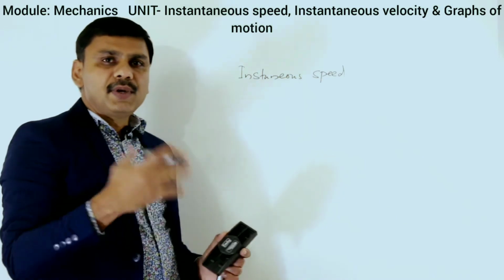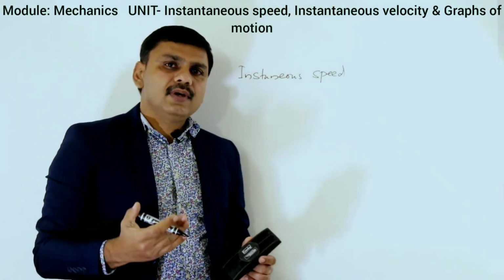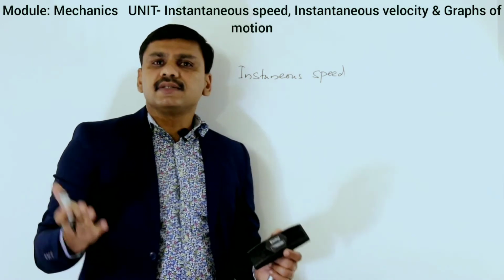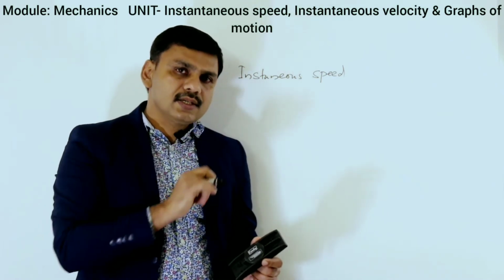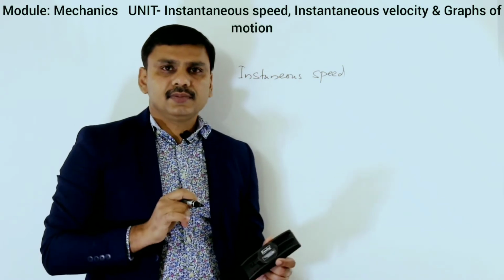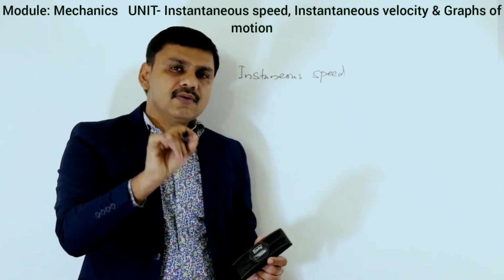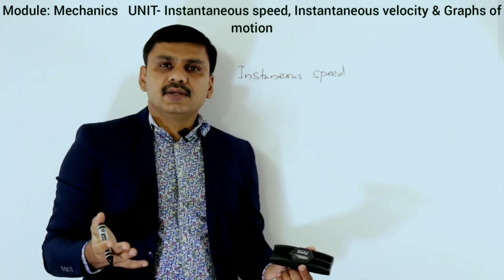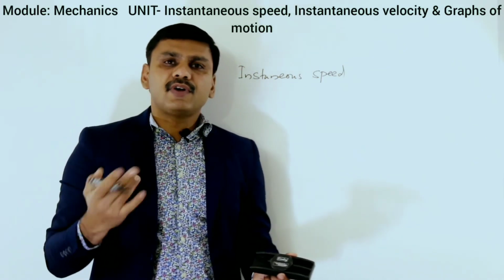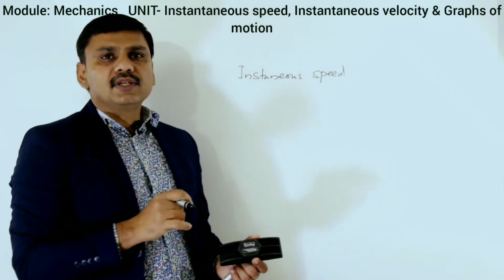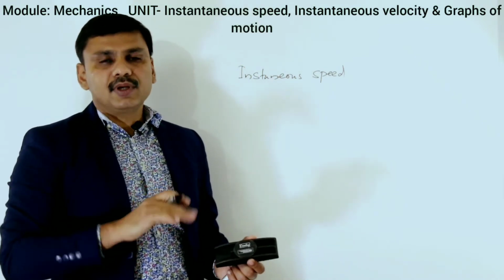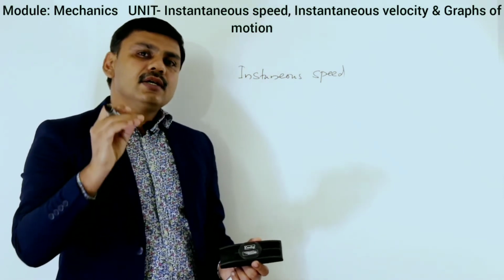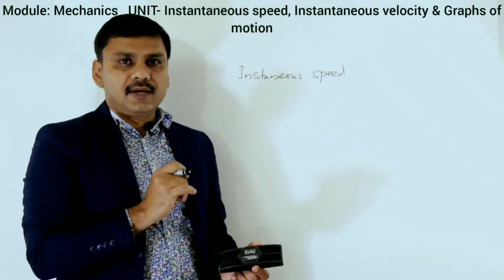When you look at the speedometer of a vehicle while you drive, every time the speed is changing. So when you look at a particular time, you see one speed, and after that the speed changes. The speed of an object at a particular time is known as instantaneous speed, because the speed is changing every time. So we are measuring instantaneous speed at a particular time.